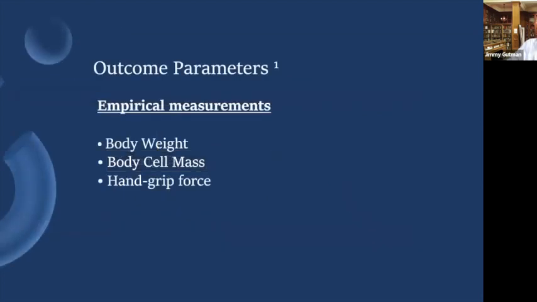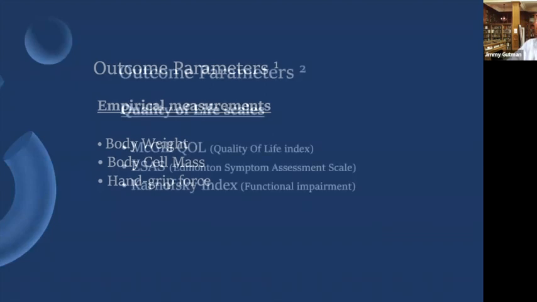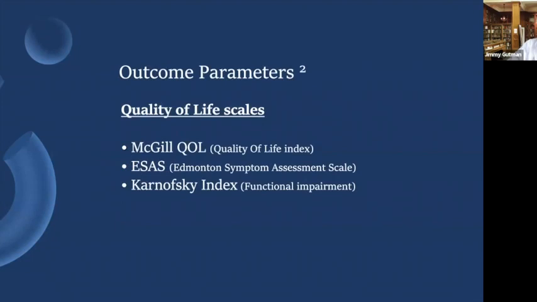Some of the measurements were easy. They were objective measurements: body weight, cell mass, hand strength. These are firm numbers. Of course, we also wanted to look at quality of life measurements, which really count more from the patient's perspective. These are a bit more subjective, so we used a number of different measurement profiles, and you could see them here.